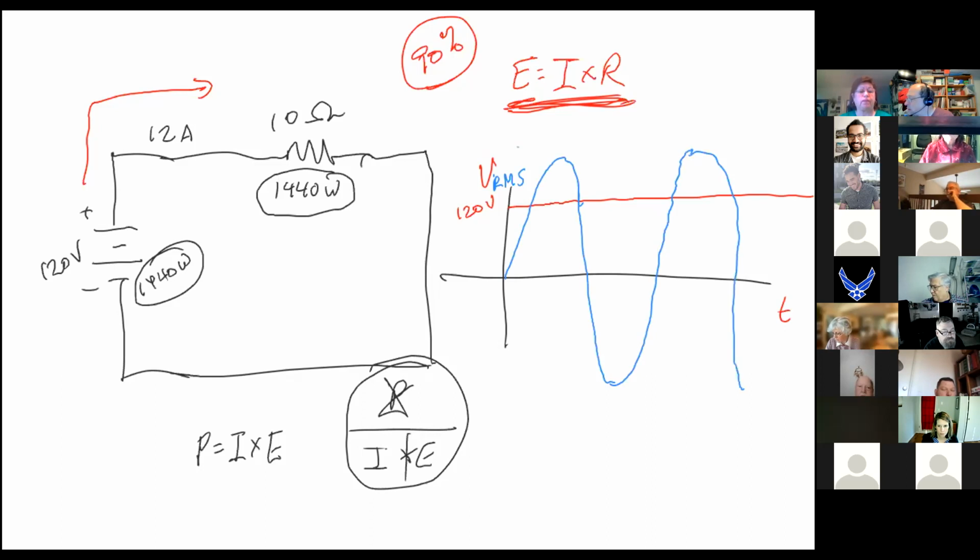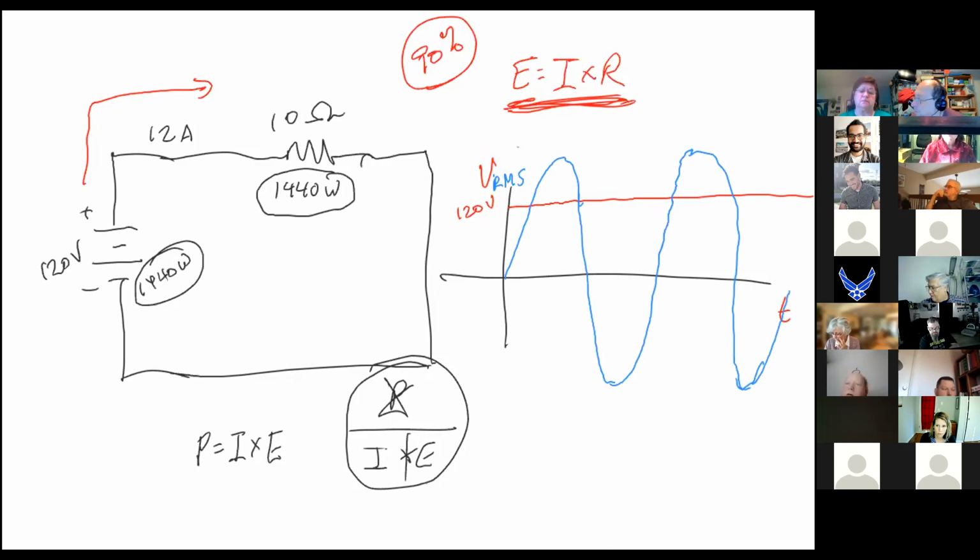Wasn't it the average of the current? No, it was the average power generated by that voltage across a given resistor. That is what RMS is. It's an equivalent voltage that produces the same average power as a DC voltage.